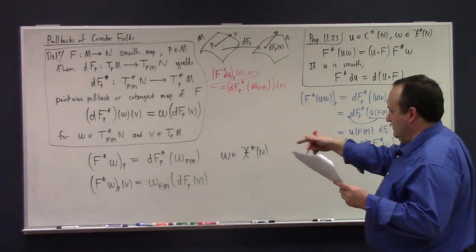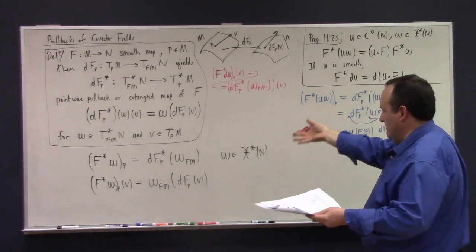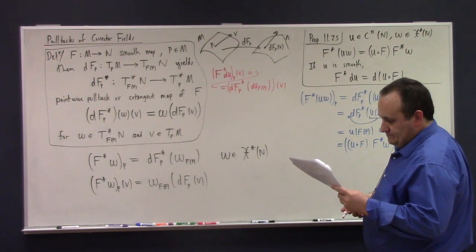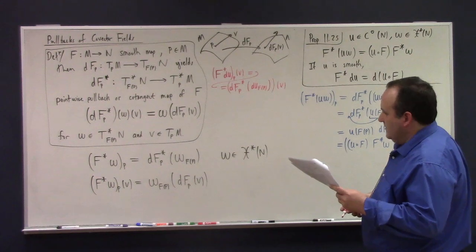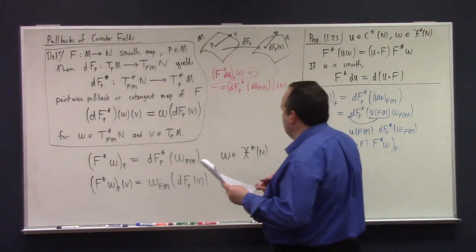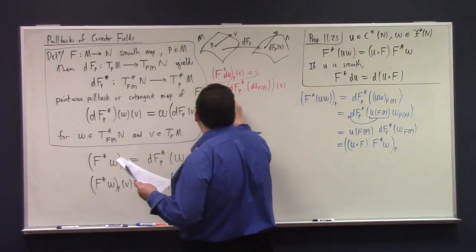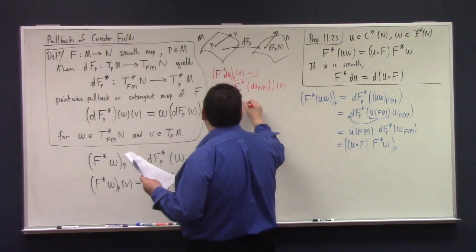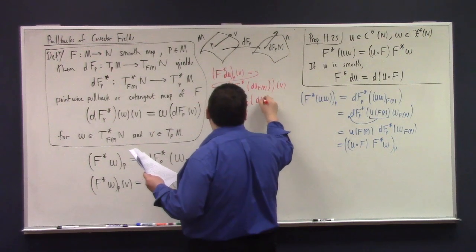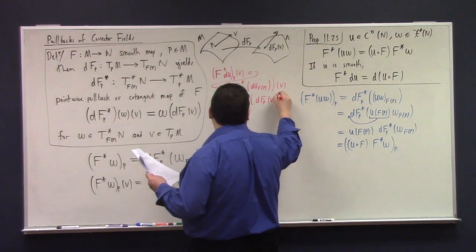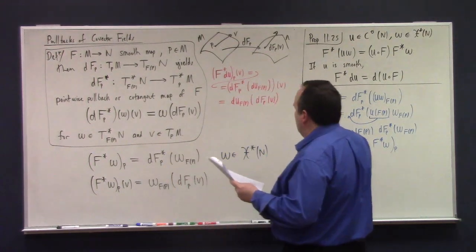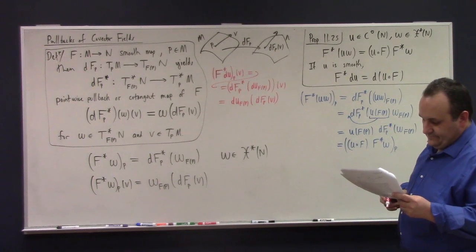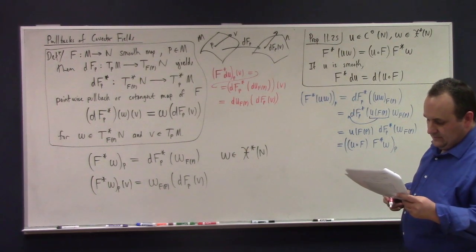So that's just the definition. That's literally the definition. Then what next? Then we use the definition of df star. This becomes du at f of p acting on df p pushing forward v, I believe.